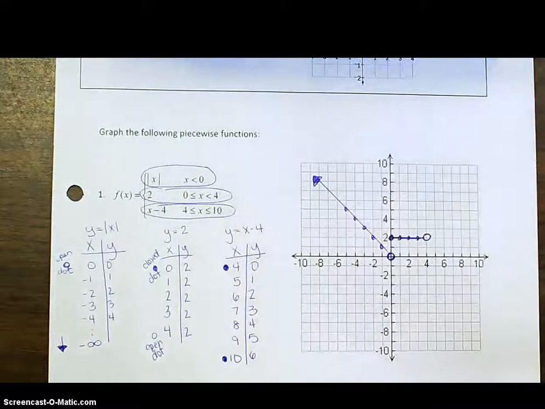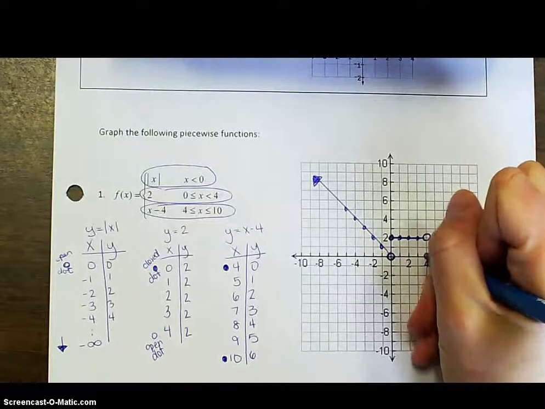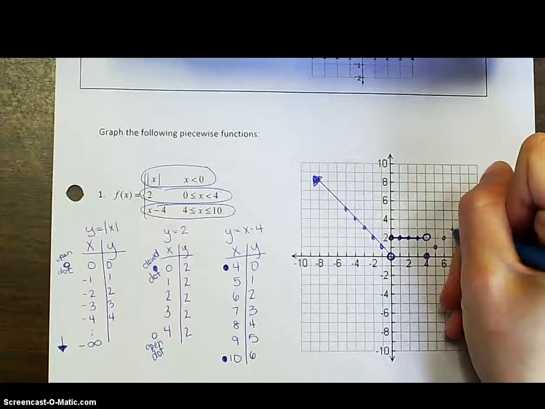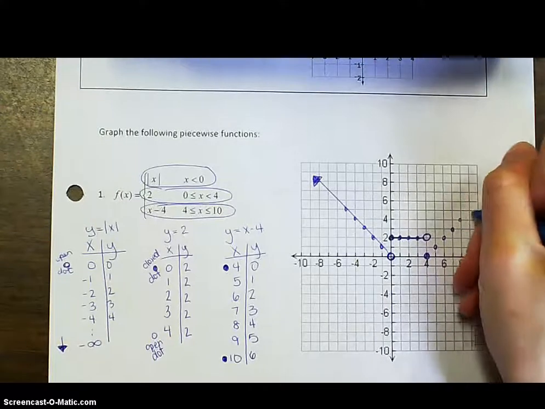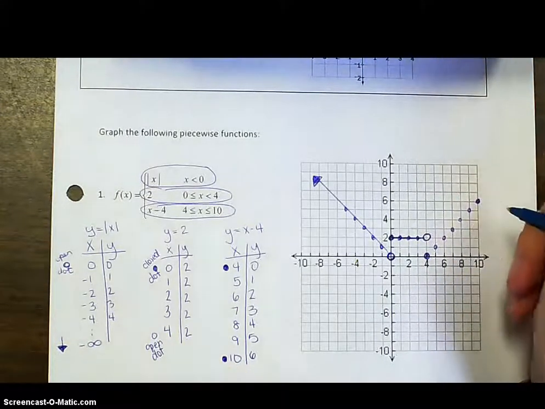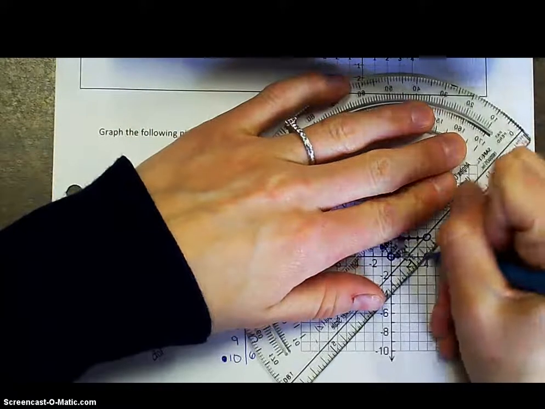So now I'm going to go back to my graph and plot these. So 4, 0, this is a closed dot. 5, 1, 6, 2, 7, 3, 8, 4, 9, 5, and 10, 6 is another closed dot. So these are all closed dots. And then I'm going to connect them just like that.